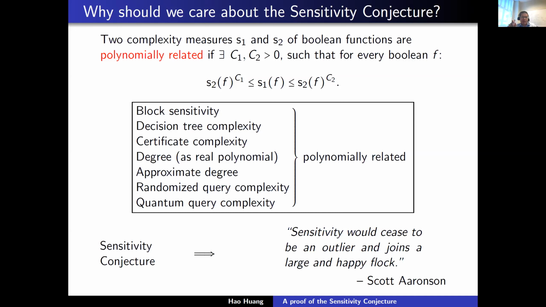That's because x1 times x2 is equal to 1 if and only if both inputs are equal to 1. So the degree of this Boolean function is equal to 2. And if you take the OR function, you can just take x1 plus x2 minus x1 times x2. That outputs 1 when you have at least one input equal to 1. So in general, if you have an AND function or an OR function, the degree of this Boolean function is equal to the number of variables. Okay.